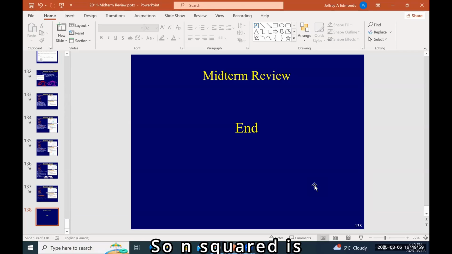So n squared is big O of n cubed because it's bigger, and it's omega of n, right? But I wouldn't give you full marks for this anyway, right? So really, we're asking for theta.